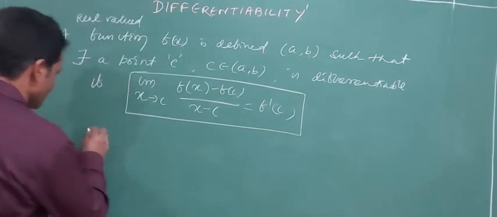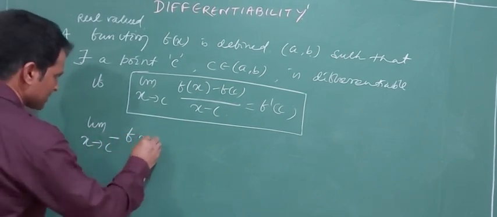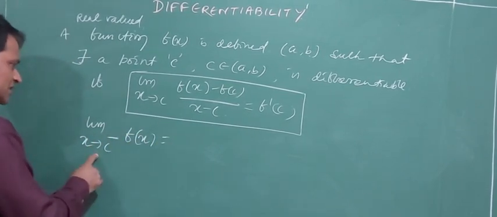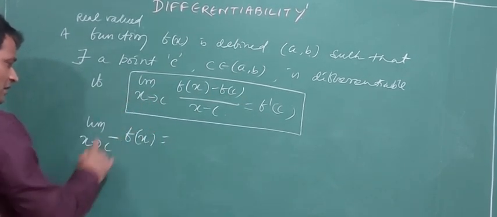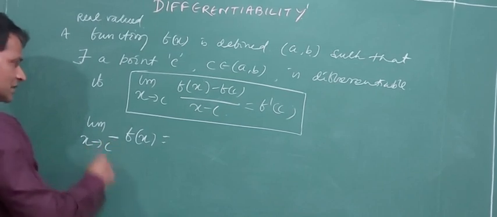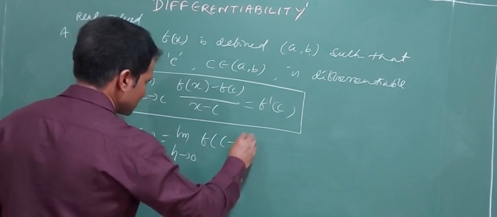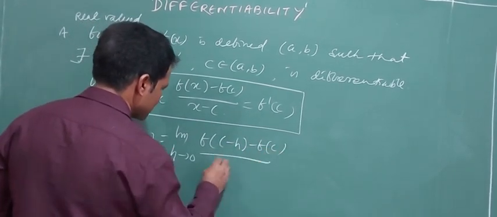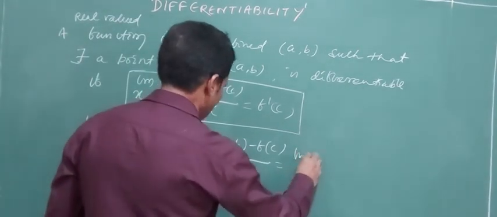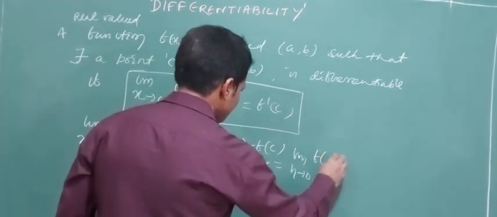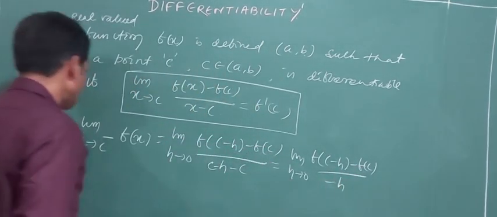Limit x tends to c minus f(x), if this limit exists, that equals the derivative at the point. Limit x tends to c minus is equal to limit h tends to 0 of (f(c minus h) minus f(c)) by (c minus h minus c). So calculate it for derivative. Limit h tends to 0 of (f(c minus h) minus f(c)) by minus h. This is known as left hand derivative.